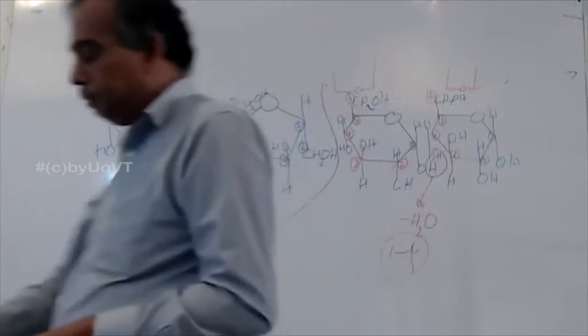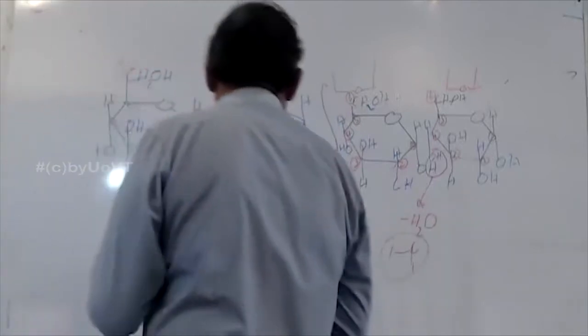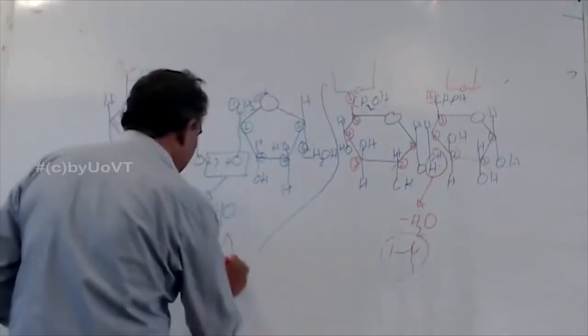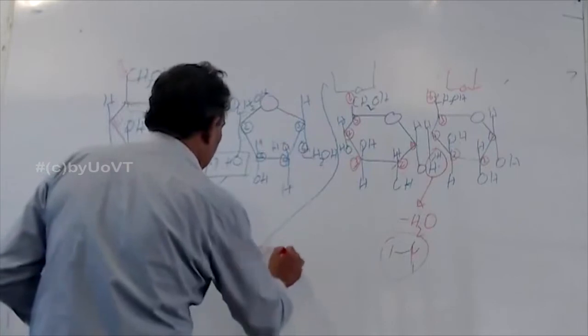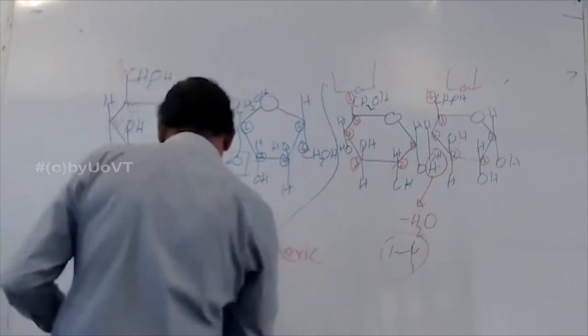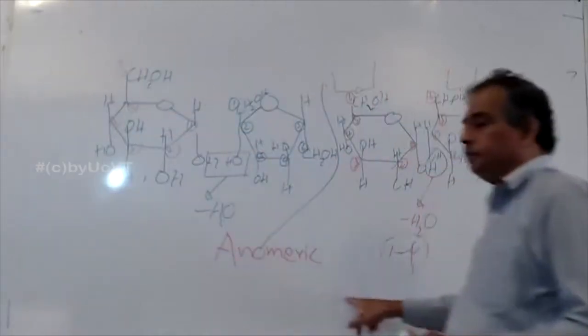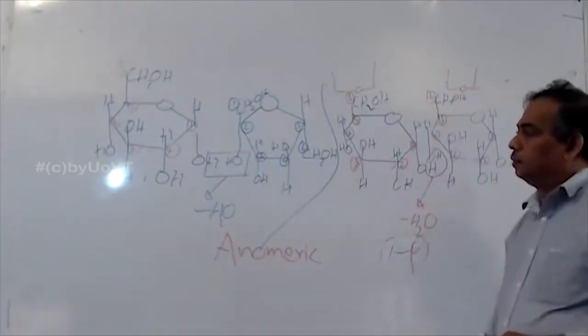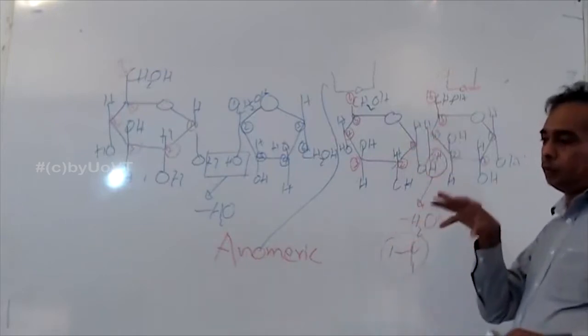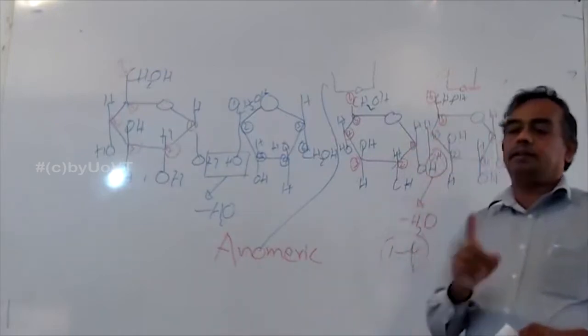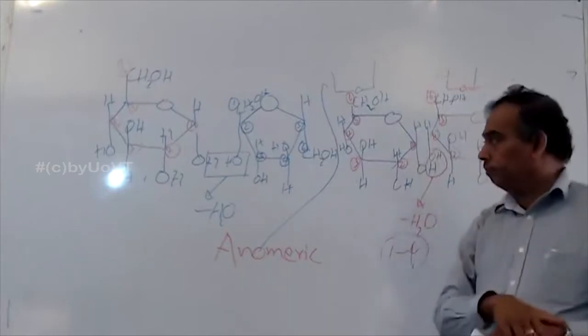At that time I explained the special name for that carbon: anomeric carbon. So in glucose, the position of the anomeric carbon is the first one.